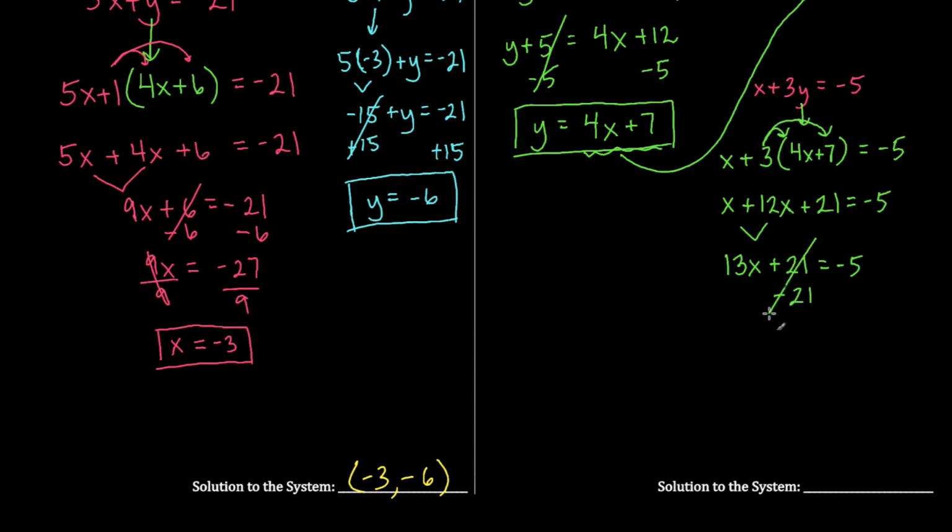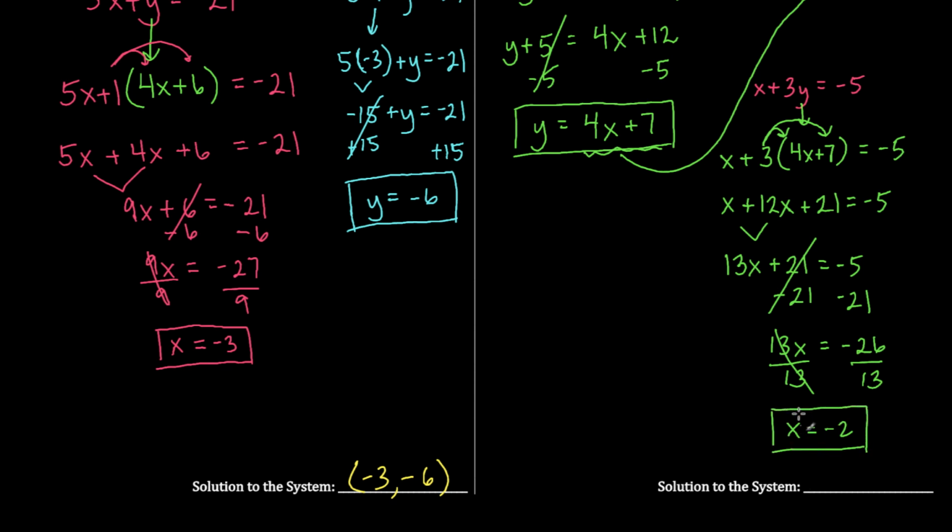Minus 21, minus 21. 13x equals negative 5 minus 21 makes negative 26. Divide by 13. We get x equals negative 2.